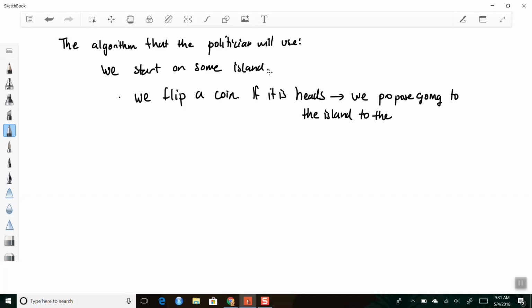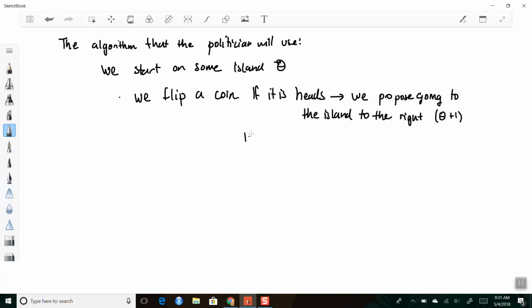We'll say we start on some island, theta. Let me just check the notation that the book uses. If it lands heads, we propose going to the island to the right, in this case theta plus 1.